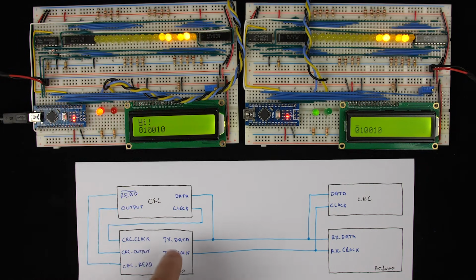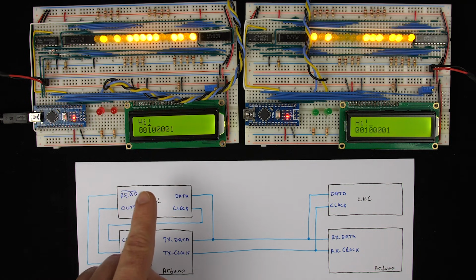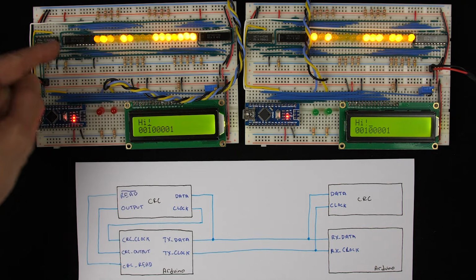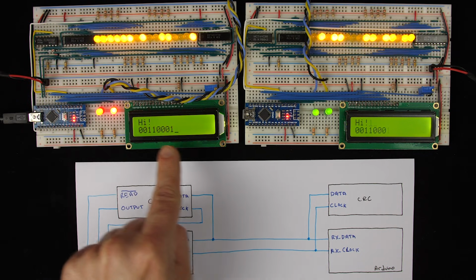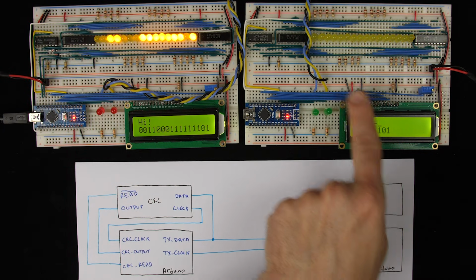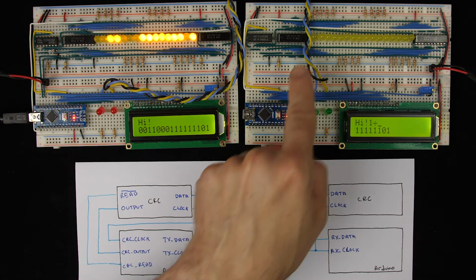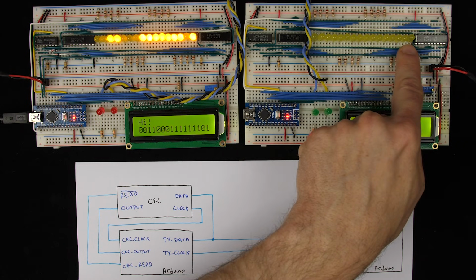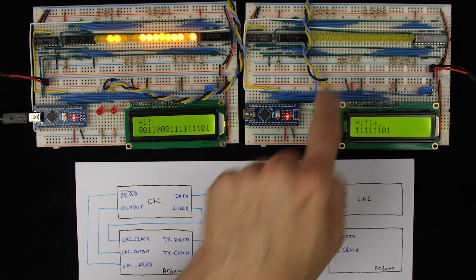So we're transmitting our H, we're transmitting our I, we're transmitting our exclamation, and we're feeding 16 zeros into the CRC circuit here. And now we're reading that CRC out and transmitting it. And when it's done, we've received the CRC here, and the computed CRC on the receiver is now 0.